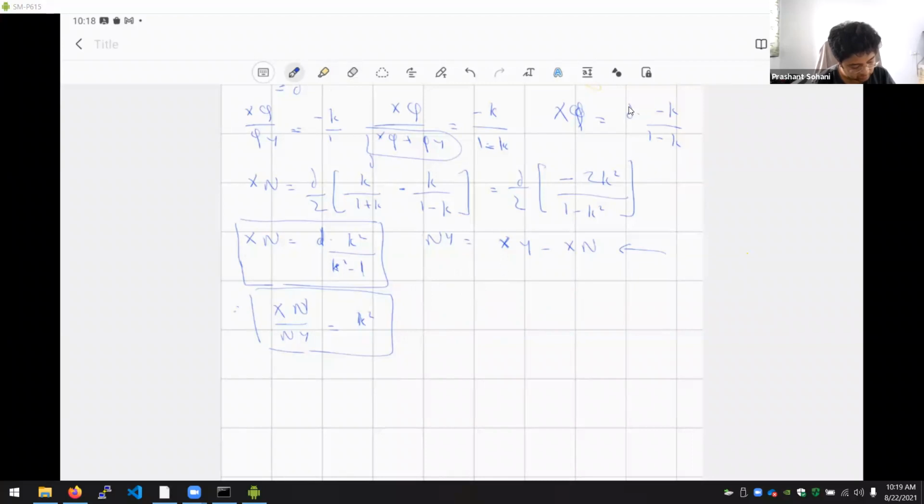So NY equals D minus XN, which is D times k square upon k square minus 1. If I take D common, I get k square minus 1 minus k square upon k square minus 1, which is minus 1 upon k square minus 1. So the ratio is minus k square. Good that we caught this mistake.